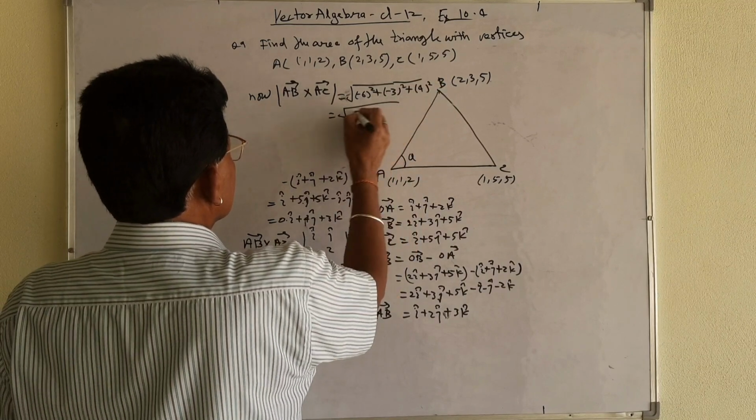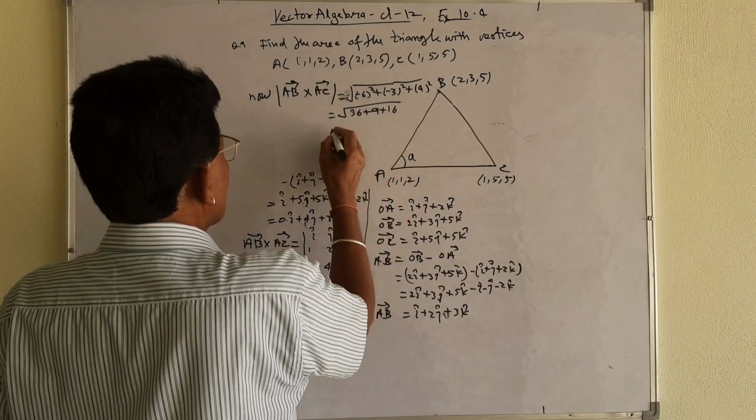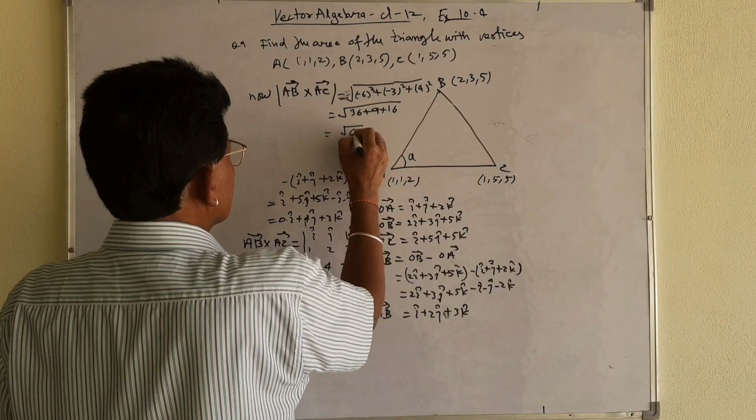That will be 36 plus 9 plus 16, which is 61, so root 61.